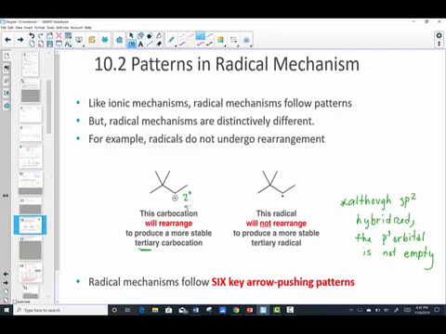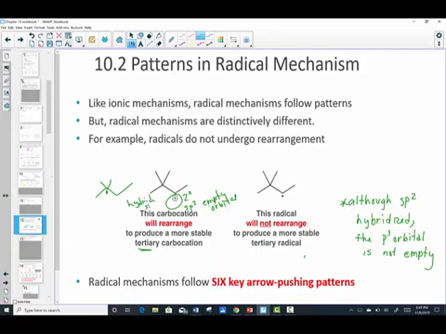That's because we have sp2 hybridization. There is an empty orbital available for something to come fill it in. Keep in mind right here, this is an empty orbital. So something like a hydrogen or a methyl could come and shift, and you could create then a tertiary carbocation by doing a hydride shift.